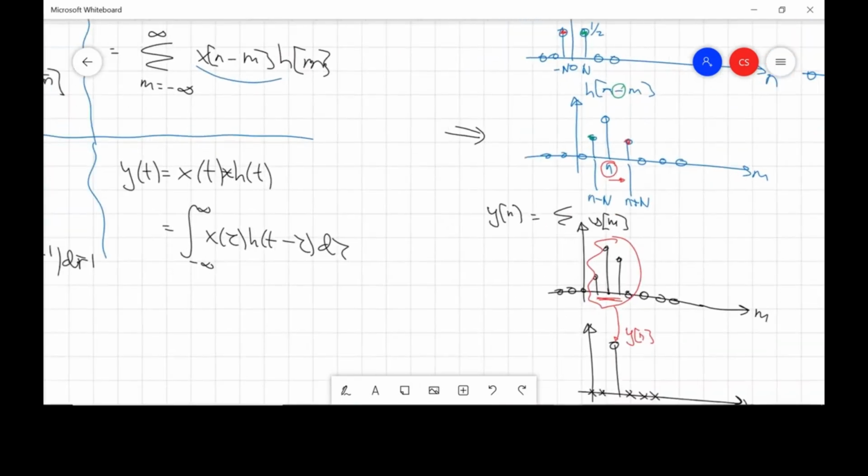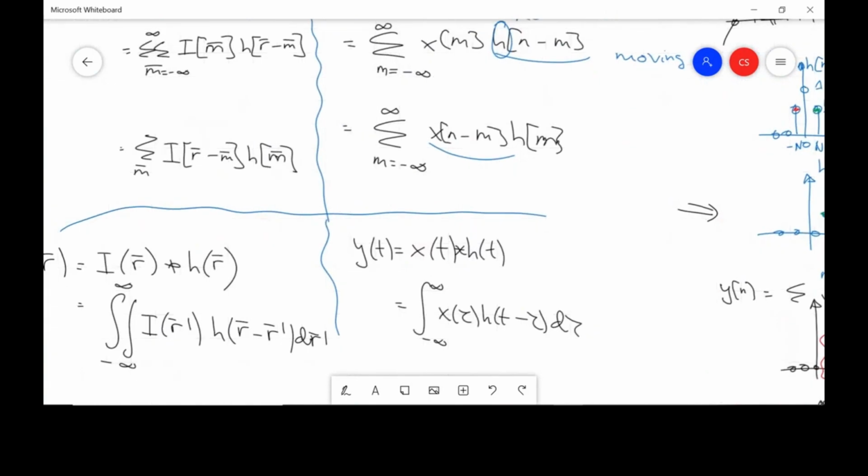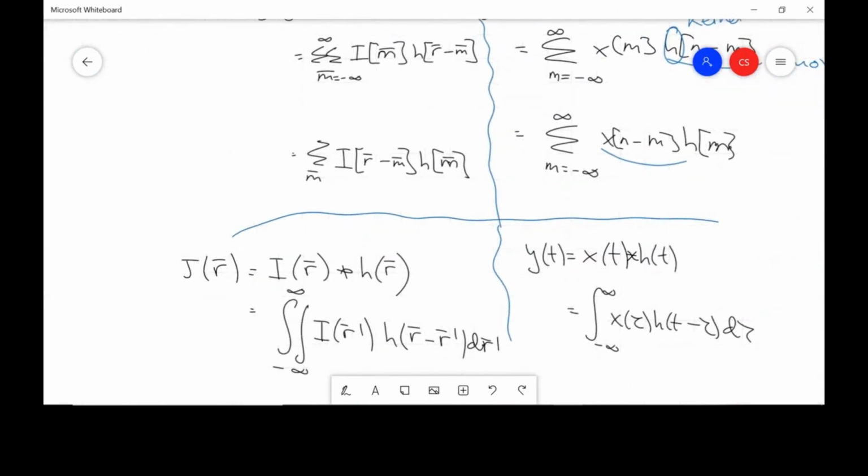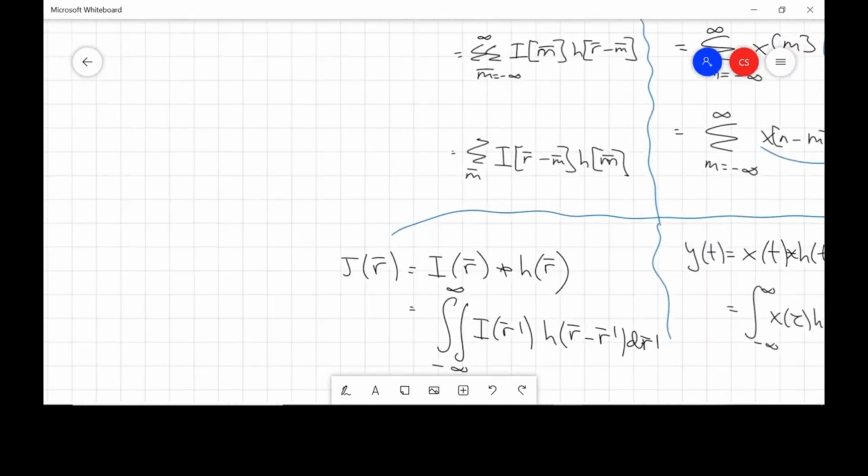Let us concentrate on the discrete case, that is easier to plot.